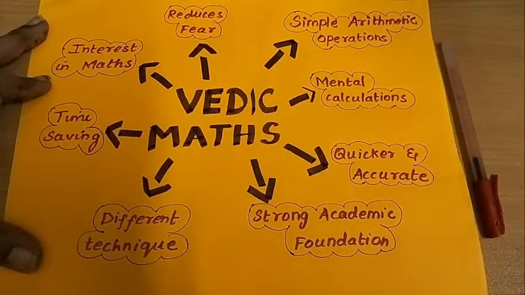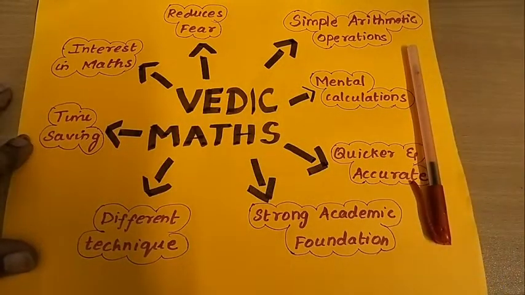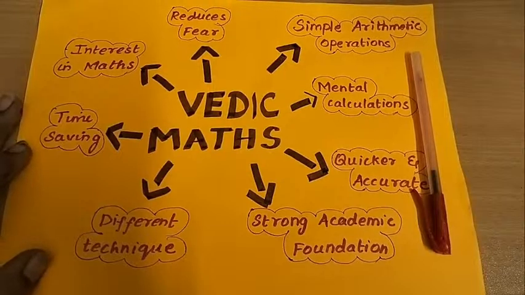Next is it reduces silly mistakes. What I told you is, if you are writing 10 steps at most and you have left one step, the next step is the continuity of the one which you missed. So you don't know what to continue in the next one, so it is a very big mistake you have made in that sum.